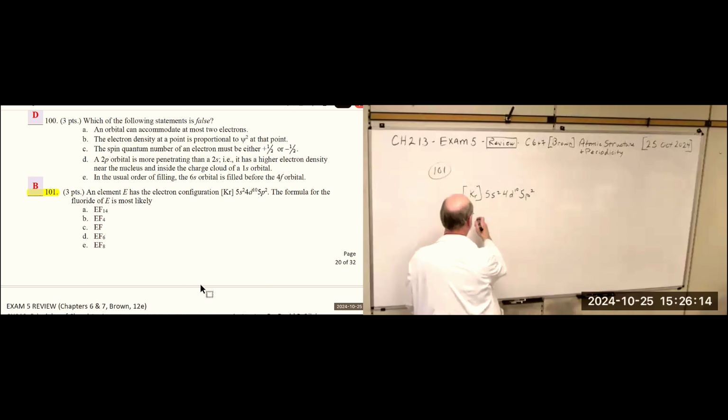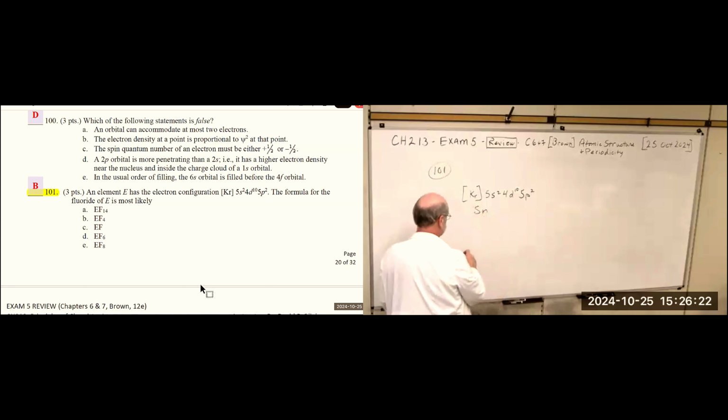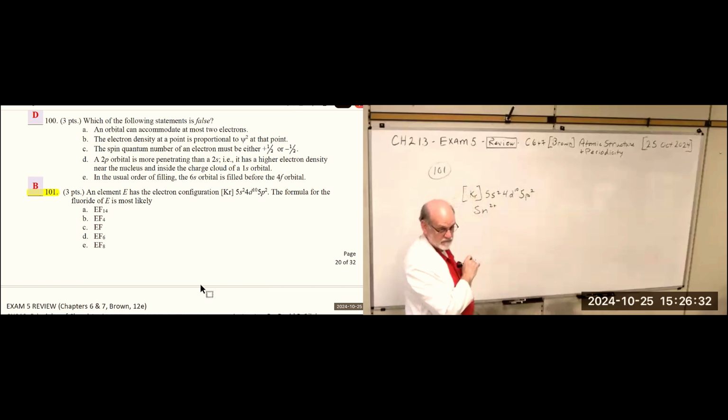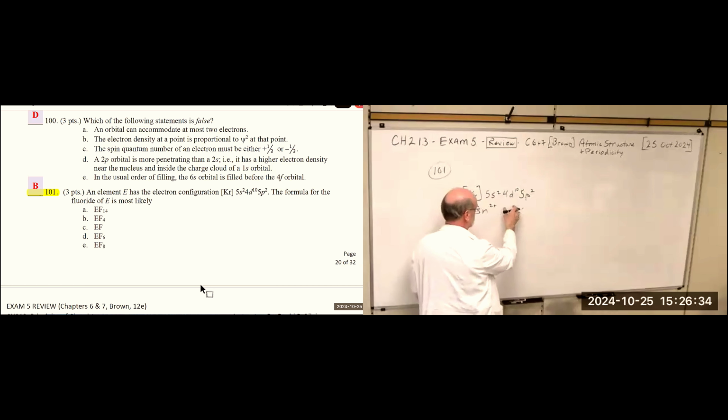We're back to 10 again. Okay, so what could possibly be the fluoride of 10? Well, if these 2 electrons are missing, that gives us a 2 plus, right? Which would be logical. But that would give us 10 and 2 fluorines. Is that one in there?